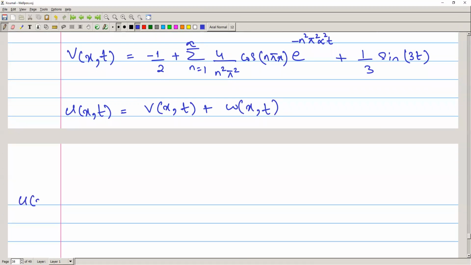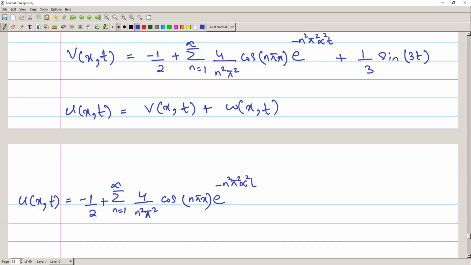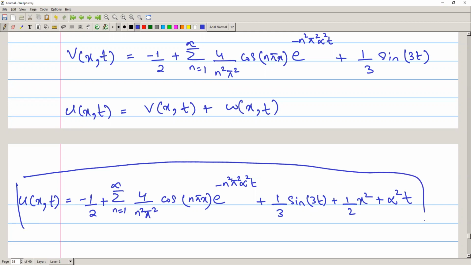So now u of x comma t is equal to negative 1/2 plus the summation n equals 1 to infinity of 4 over n squared pi squared cosine n pi x e to the power negative n squared pi squared alpha squared t, plus 1/3 sine 3t, and w of x comma t, that is plus 1/2 x squared plus alpha squared t. So this is the final answer.